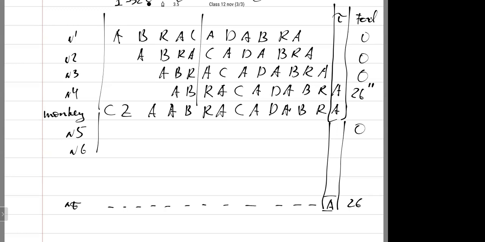And who else will be in the money? The guy who is 4 guys before, with Abra. He guessed 4 letters in a row, and he has 26 to the power of 4.